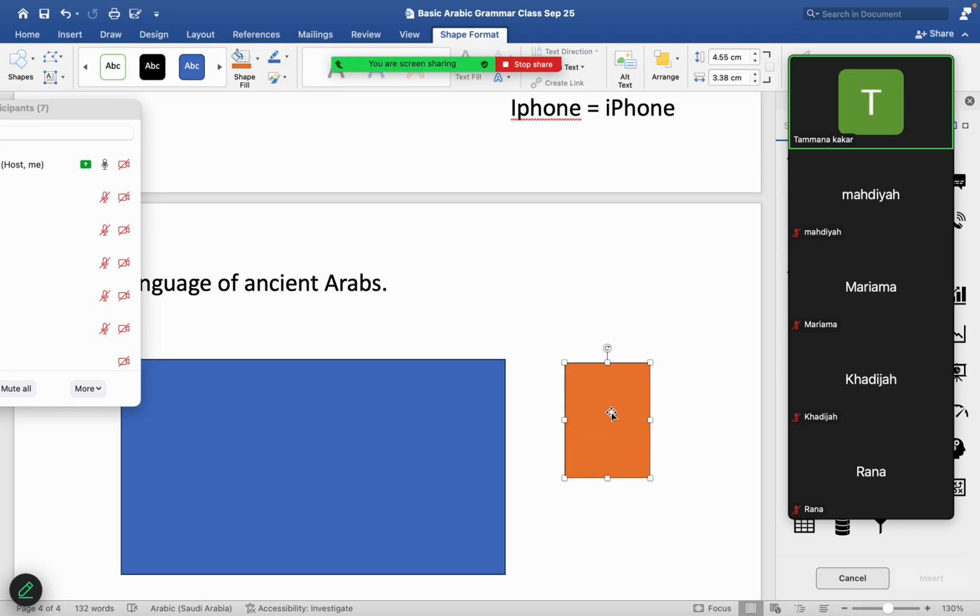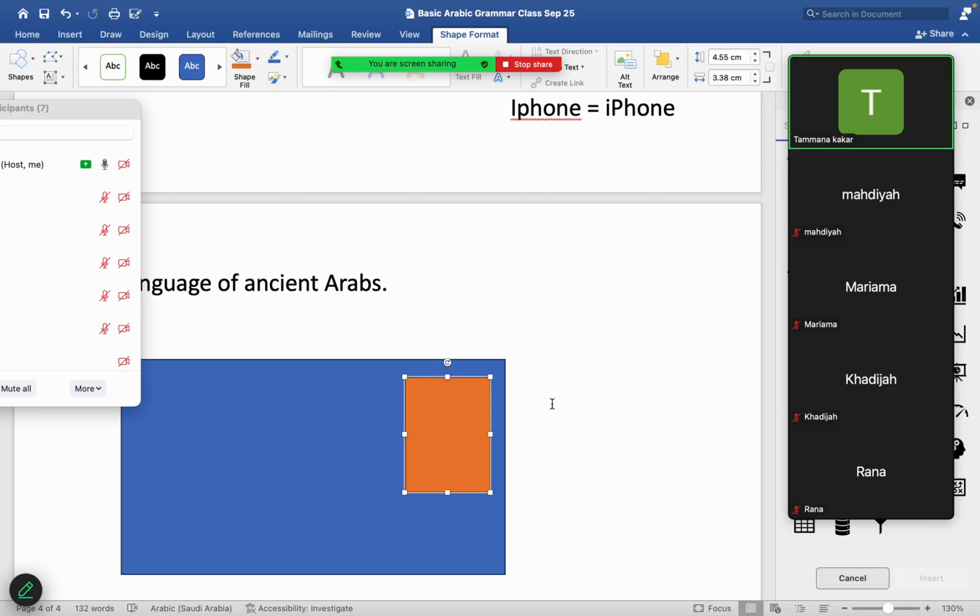An Arab person who says that he knows English or Arabic, an English person who says he or she knows how to speak English, it is because this is what they have spoken. So this is who they are. This small box, the orange one. Fusha or old Arabic is the blue box. A person knowing this language knows a little bit of this Fusha or Lisanul Arab, but they don't know everything.